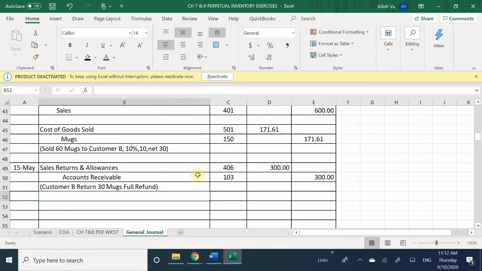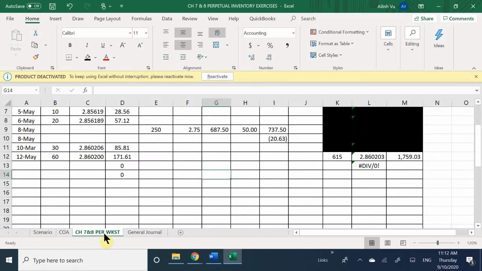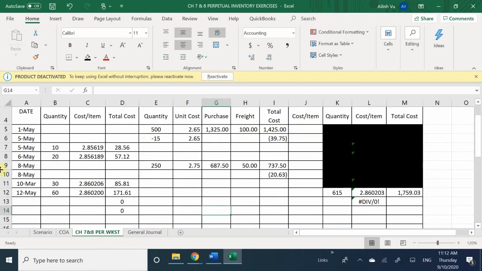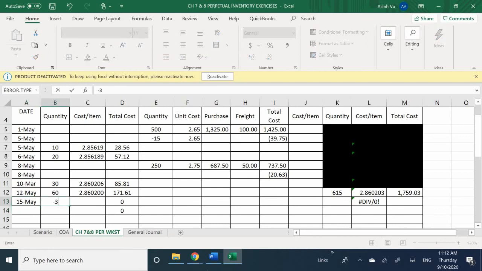Good. Now, does this affect our inventory worksheet? Yes, it does. We have to put it back because he gave us back the 30 mugs. So we need to indicate here on the 15th that we're returning 30 mugs, and it's going to be for whatever we originally cost it for.